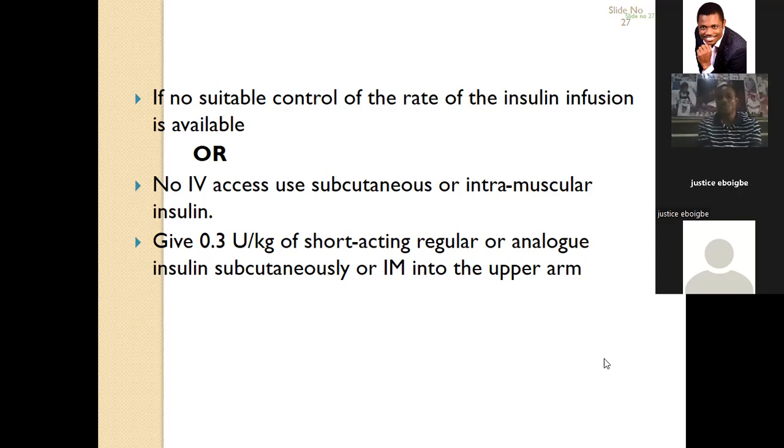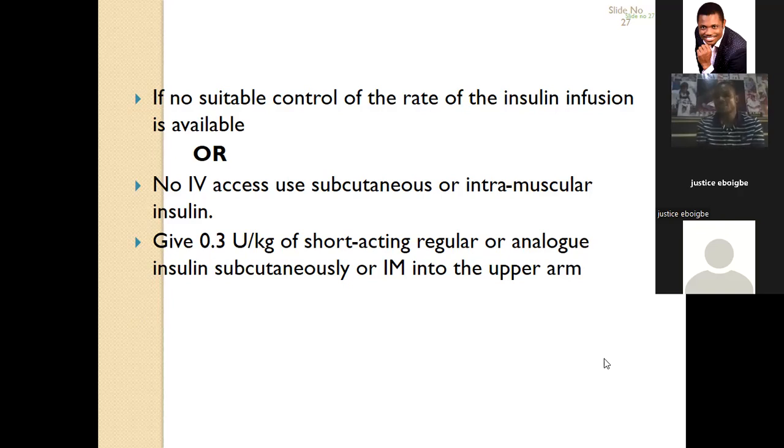So I believe you have learned something. We have been able to talk about how to diagnose diabetes. We talk about the different types, type 1 and type 2. We talk about the pathophysiology, the normal state, and the disease state, the pathology. We talk about the symptoms and signs of diabetic ketoacidosis, and the investigations you can do when you are seeing a patient with diabetic ketoacidosis.